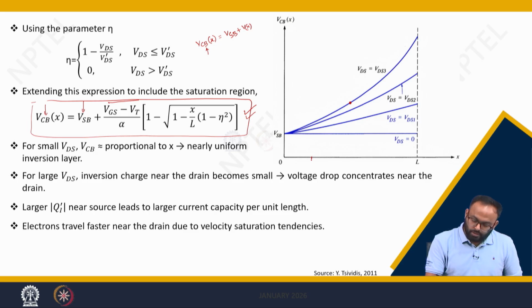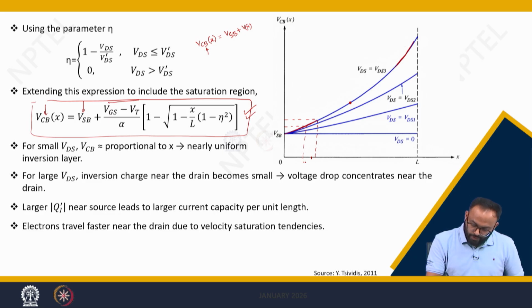The idea of this equation helps you to understand a few more insights. If you see, when Vds is very small, the rise in VSB is very small. However, when you go near the drain, the rise in VSB is steep. Why is it so? If you observe here, the change in the voltage is much more for a change in the inversion charge, right.